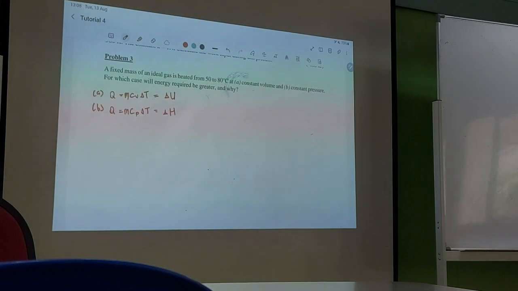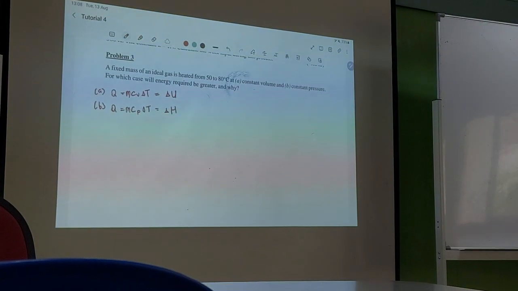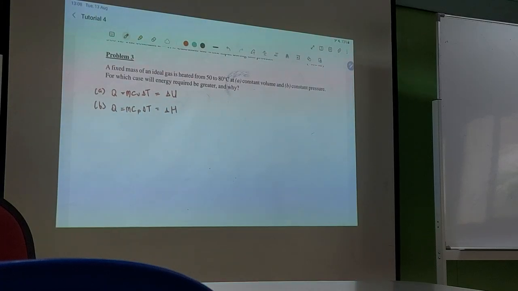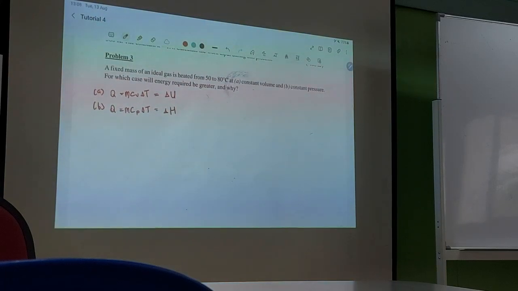But no worries, because in your future chapter when we go to power cycle, we will come back to this. By that time, hopefully it's automatic. You should know that that is one of the methods. Now it makes sense, right? One is under constant volume, the other constant pressure.